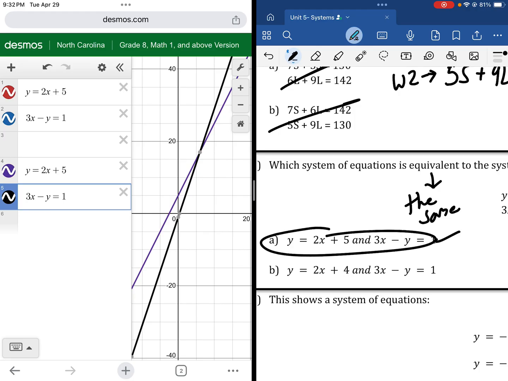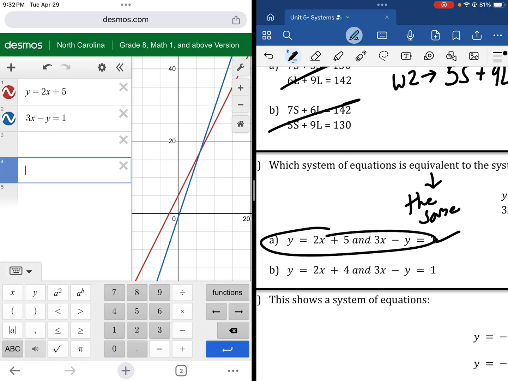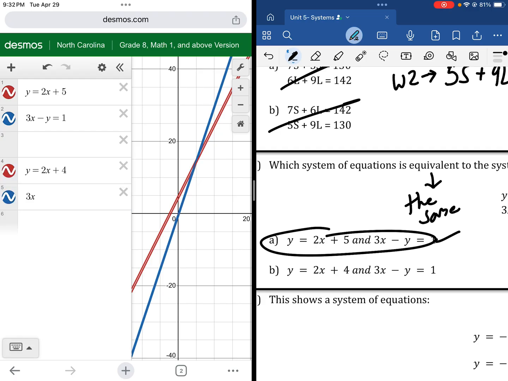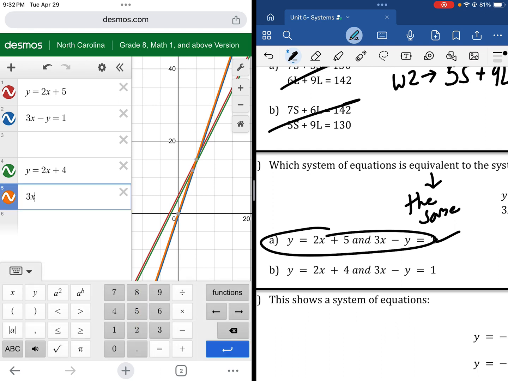Just to show you, I'm going to put in answer choice B. y equals 2x plus 4, and then 3x minus y equals 1. Let's change the colors a little bit, that to green, that to orange.